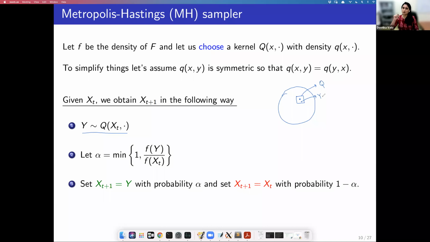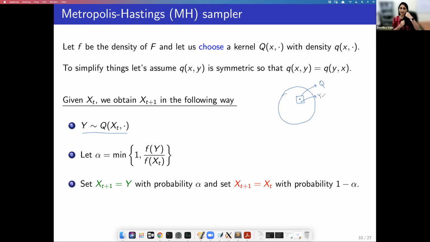It's a random draw, uniformly from this box. Now, what I calculate is this alpha quantity, which is the probability of acceptance, which is the minimum between 1 and the ratio of my target densities at the proposed point and at the previous point. The intuition will be slightly clearer in the next slide. Basically, the idea is that if my proposed point is in a higher density area, then I want to accept it more often.